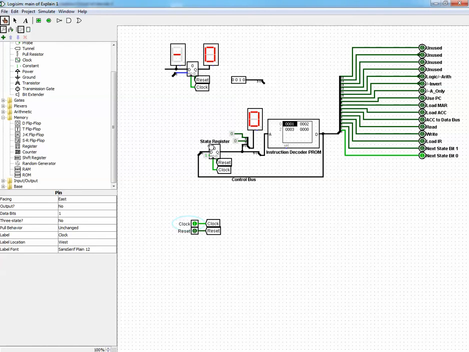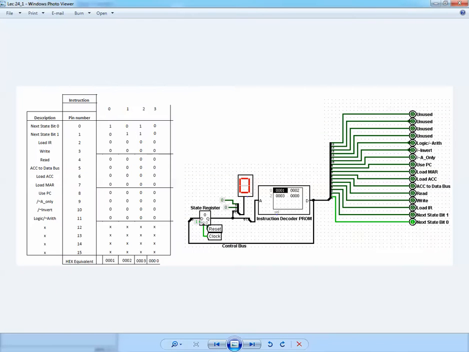We have seen that this state register counts 0, 1, 2, and 3 and resets back to 0. So let's have a look at what the state is.